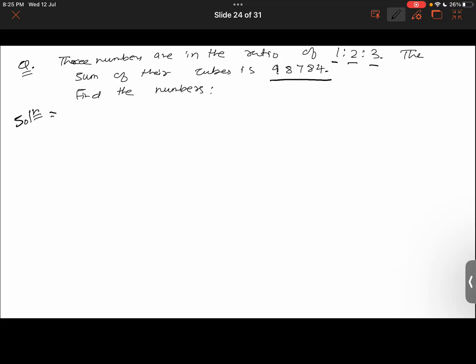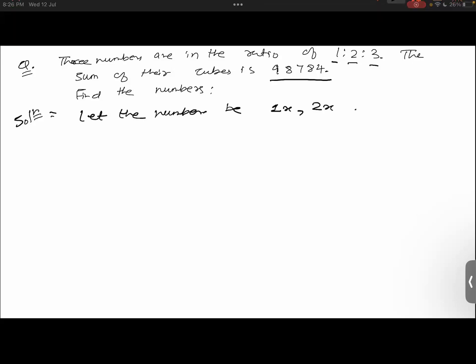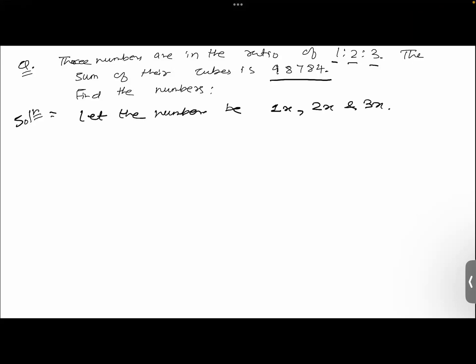First you will find the cubes of these numbers and add them and equate it to the given number in the question. So I'm giving a hint to you. Let the numbers be 1x, 2x, and 3x.